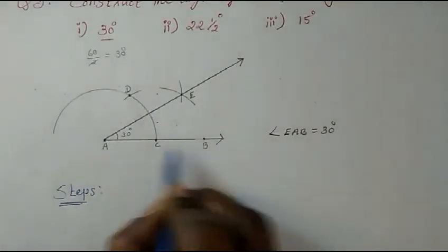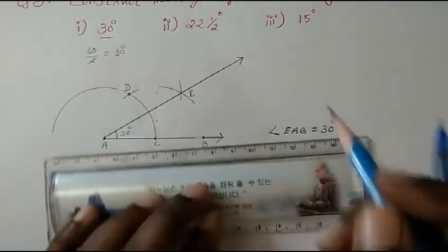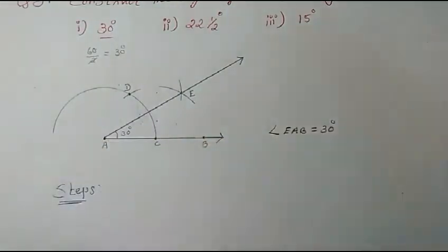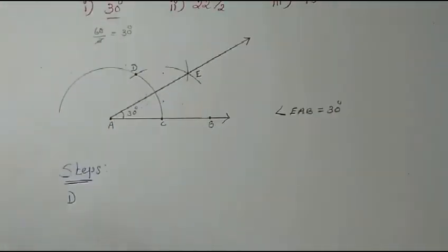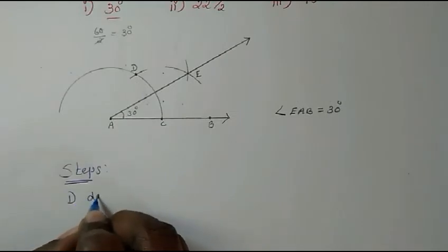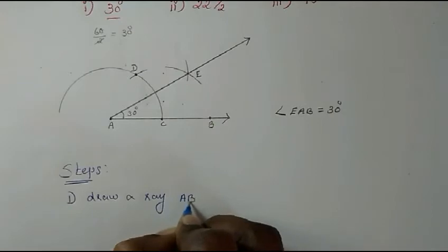First what did we draw? We drew a ray. Let me join it properly. So first what we did: draw a ray AB.